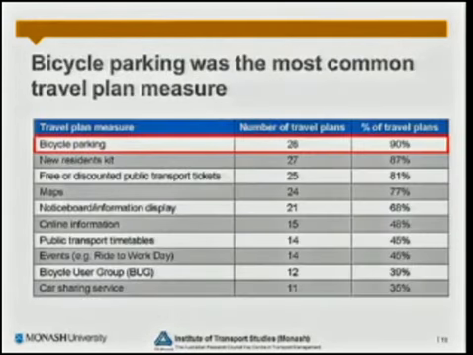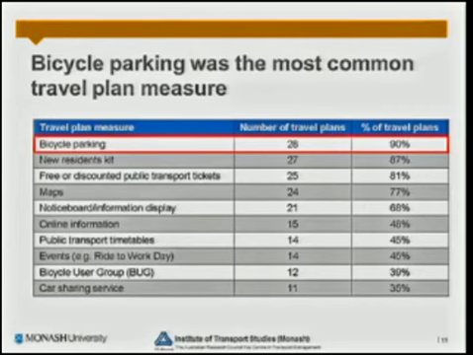In terms of the measures that the travel plans commonly included as part of the strategy, bike parking was a main one. 90% of the travel plans specified that they're going to provide bike parking on site. New residence kits. So the idea here is when people are moving into the apartment, there's a kit of information that will outline what the travel alternatives are, what the local public transport services are, where walk and bike facilities are close to the apartment.